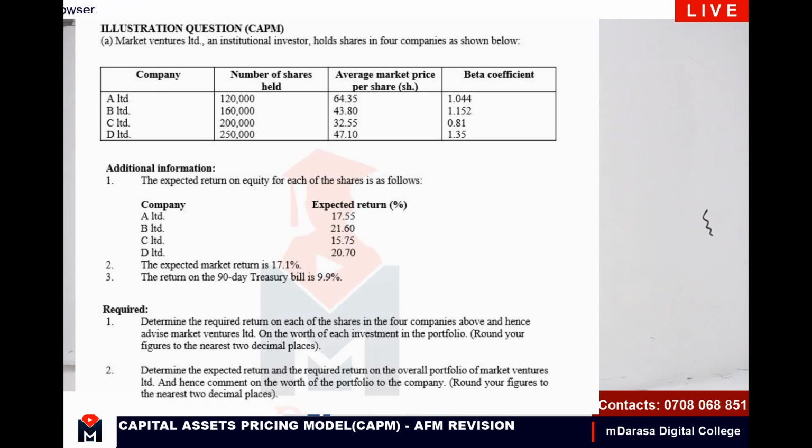Going through it briefly, we are told that this company, Market Ventures Limited, an institutional investor, holds shares in 4 companies as shown below, A, B, C, and D, with the number of shares given as well as the market price per share.